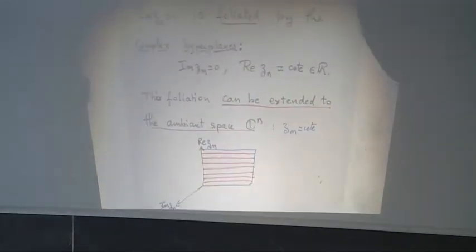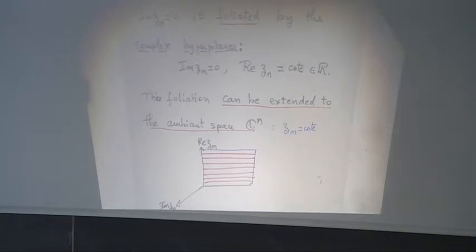Such a hyperplane is a beautiful structure with, inside, a foliation by complex hyperplanes. If you take the imaginary part of Zn equal to 0, that is our hyperplane, you have the foliation given by the real level sets of the coordinate Zn, and you have a picture like this.